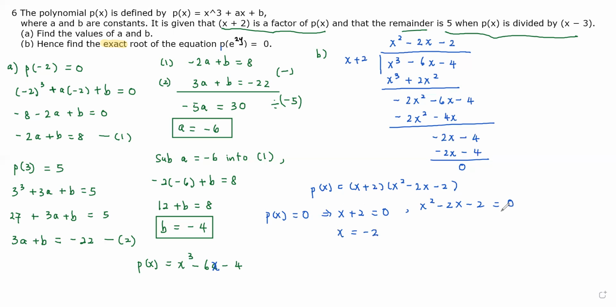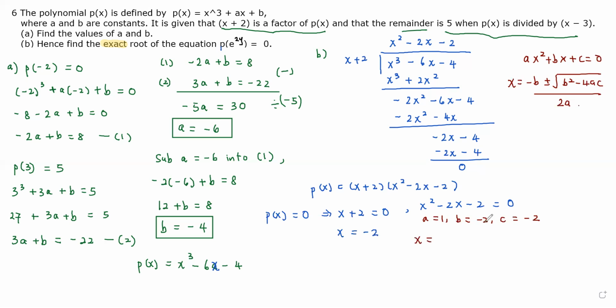To find the root of this equation, we use the quadratic formula. So if we have ax squared plus bx plus c equals 0, then the quadratic formula is negative b plus or minus square root of b squared minus 4ac all over 2a. For this case here, a is 1, b is negative 2, and c is negative 2.